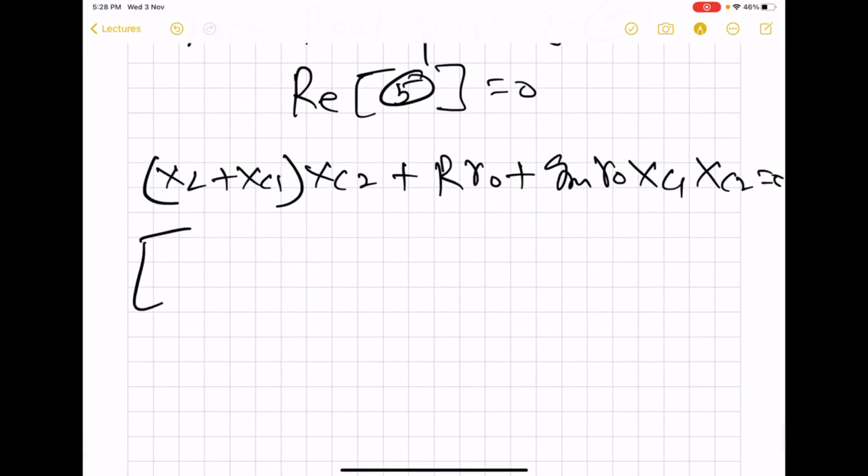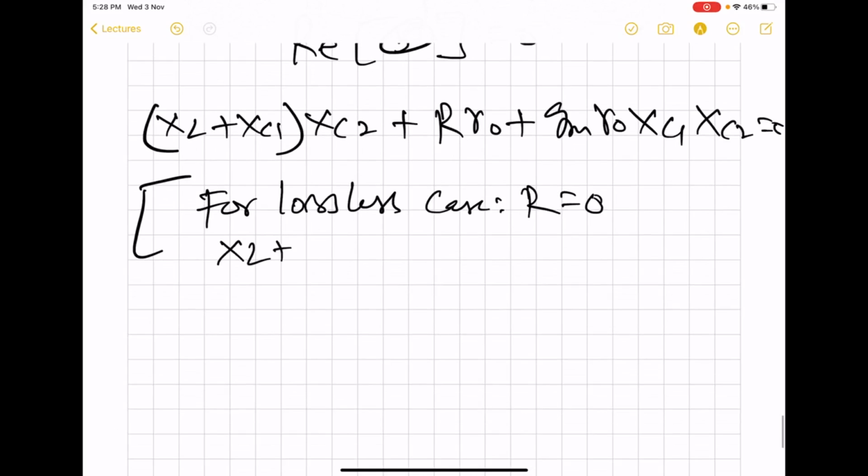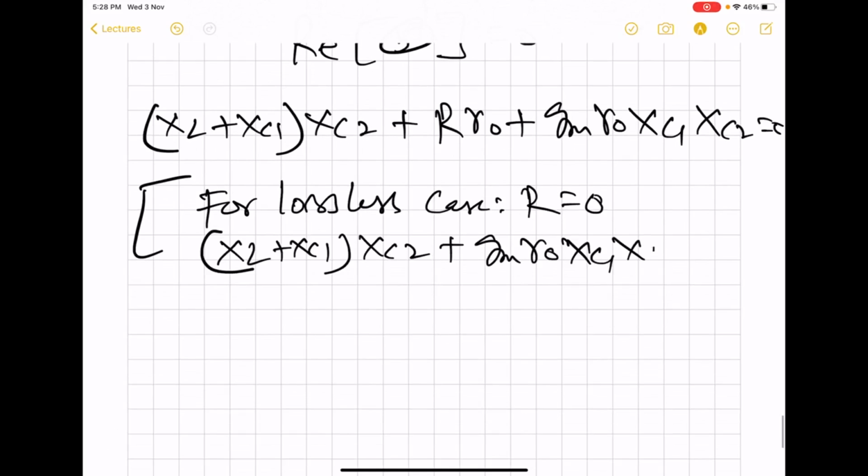So in this case also we can see that for the lossless case, that means when R is equal to 0, what we get is XL plus XC1, XC2 plus GM R naught, XC1, XC2 is equal to 0.